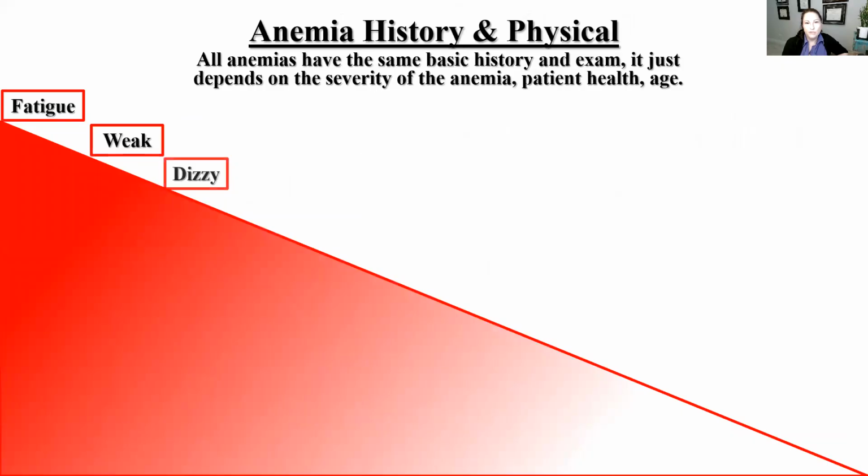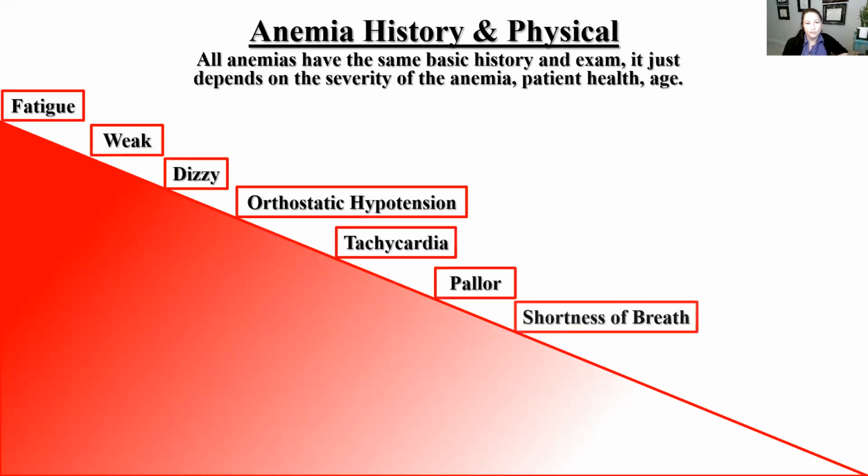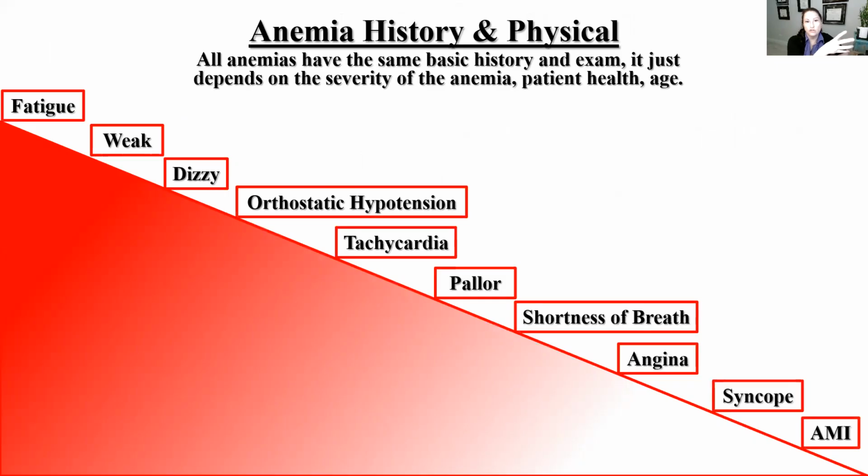A lot of the anemia history and physical findings are very similar, meaning they are not specific to just one of the anemias. This shows you the spectrum going from mild anemia to very severe anemia of what those patients should go through. This is highly dependent on, A, the severity of the anemia, and B, the overall health status and age of that patient.